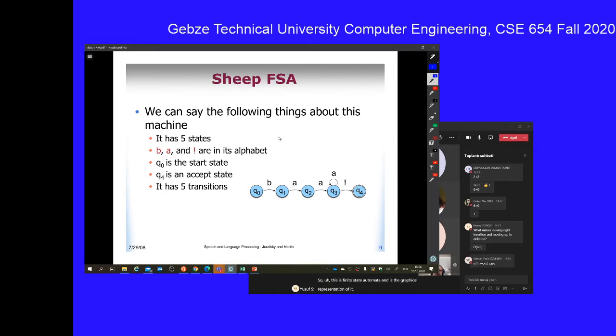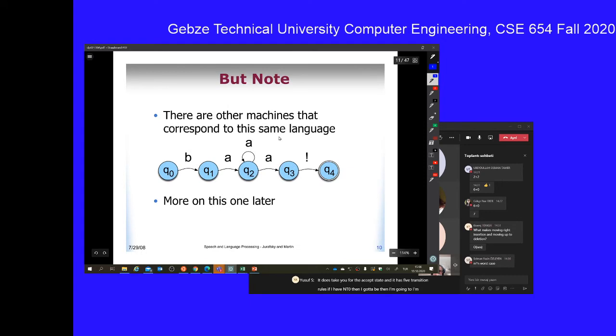It has 5 states. In its alphabet there are B, A, and exclamation mark, and that's the whole alphabet. Q0 is the start state, Q4 is the accept state, and it has 5 transition rules. If I am in Q0, and I get a B, then I go to Q1.